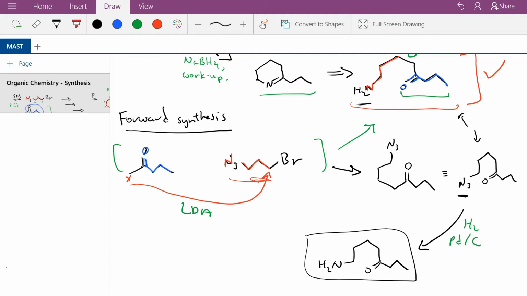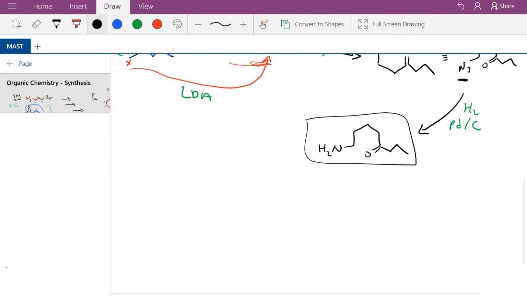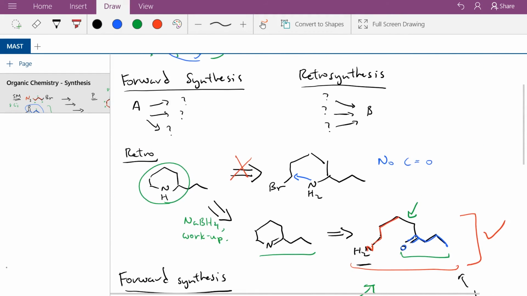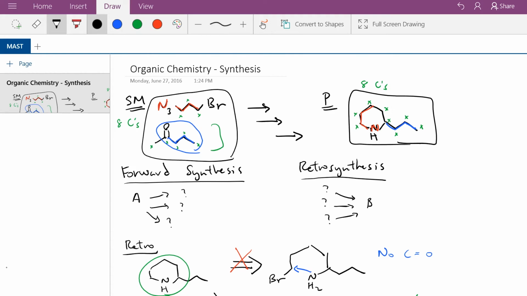But because we decomposed this problem into so many steps, it's always good to just put things together. So, putting it together. Through a combination of forward synthesis and retrosynthesis, we've come up with a series of reagents that can get us from our starting materials, these two, to the final product.